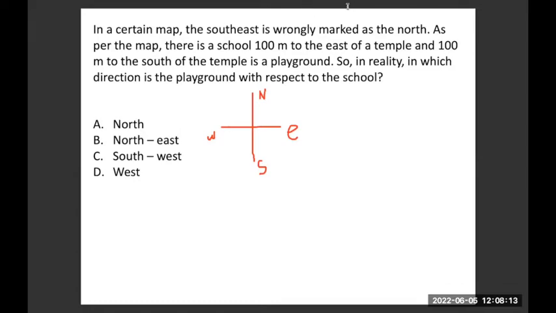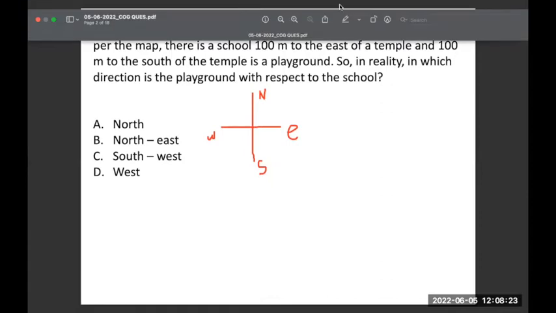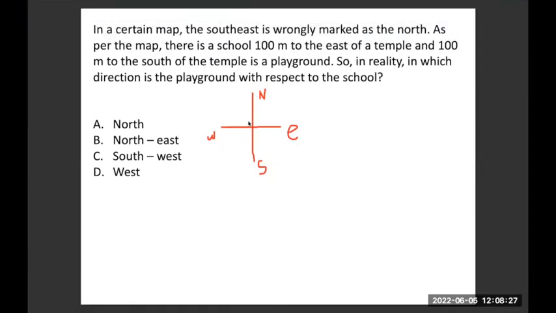So what is given is a school which is 100 meters east of a temple. I will assume the temple to be here. I'm making this box for the temple, T. The school is 100 meters east.